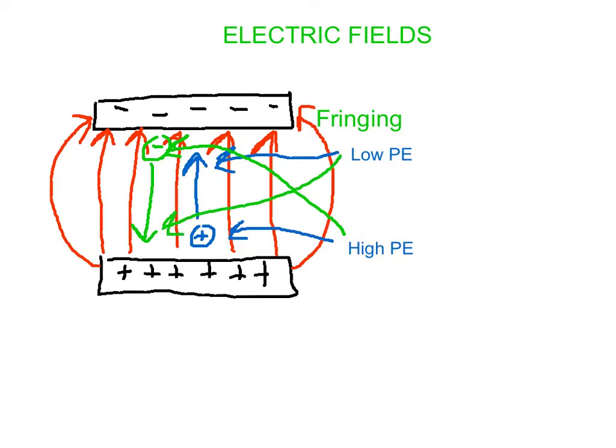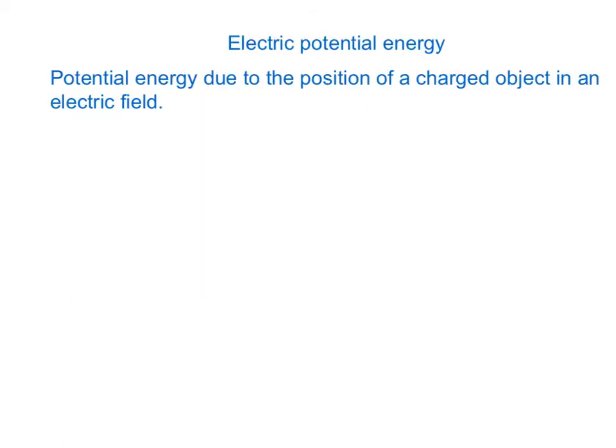It's a little more complicated than with gravity fields when you have electrical fields, because there's two different charges and things can happen multiple different ways. So you see how with electric fields we can show that we're storing energy. And we call stored energy potential energy, just like we did first semester, except this time we have electric potential energy because it's due to these electric fields.